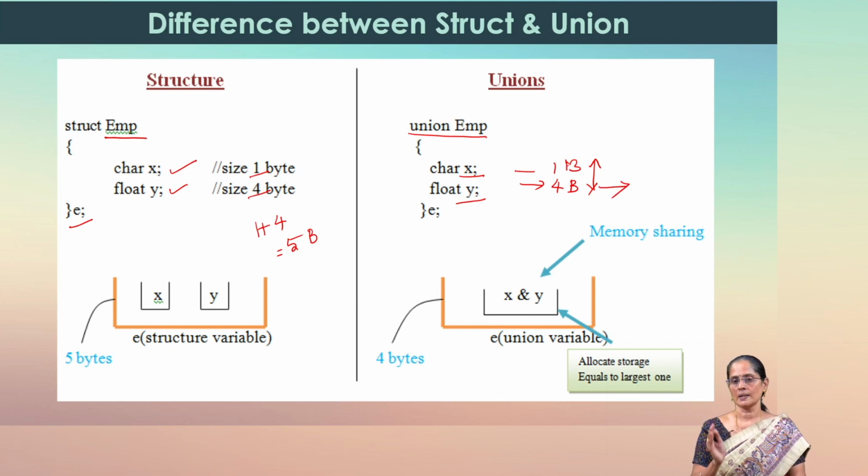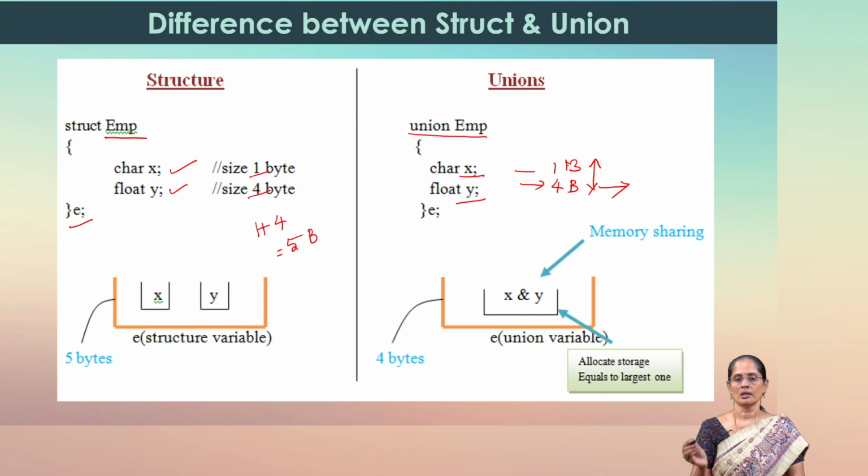So, the size of the union will be allocated as the size of the larger member, right. According to the example, y occupies 4 bytes compared to x, so y's space is larger.